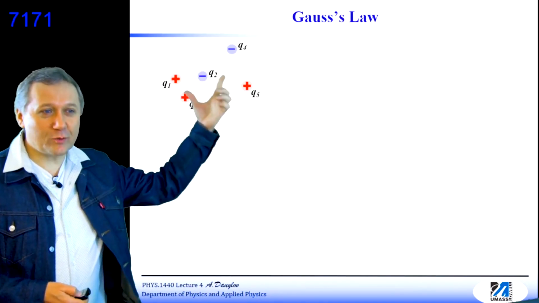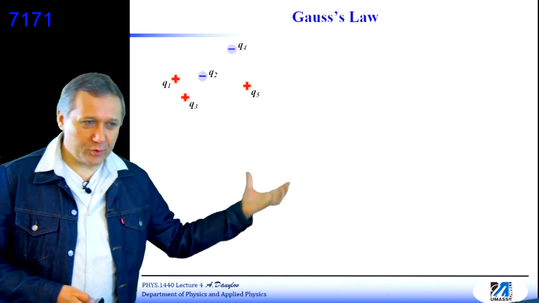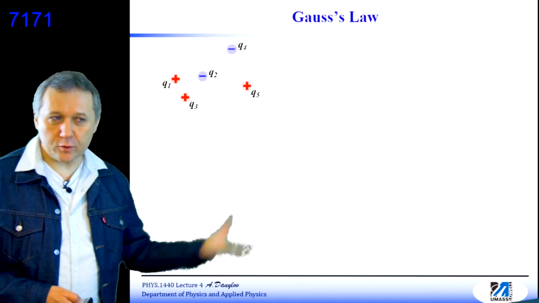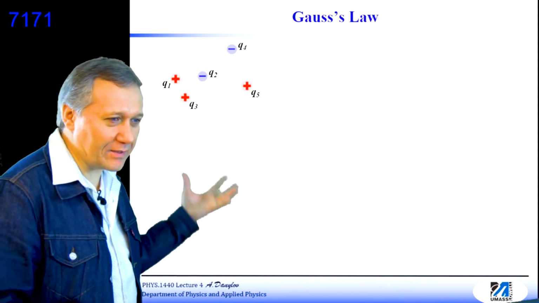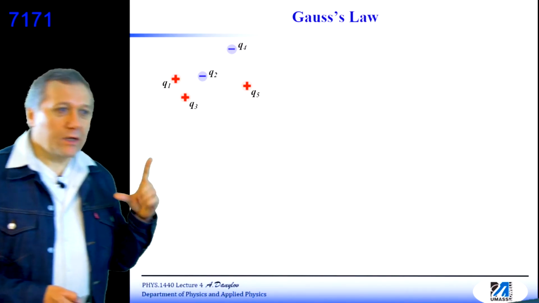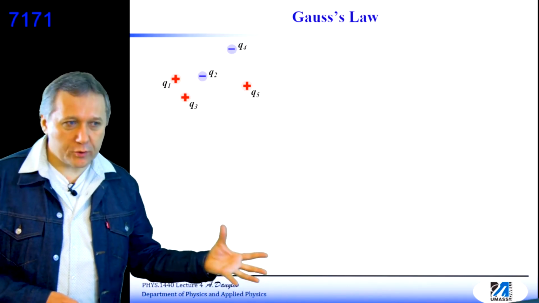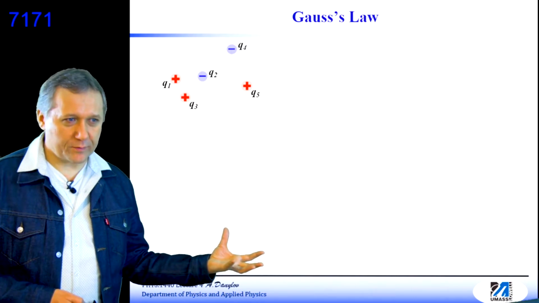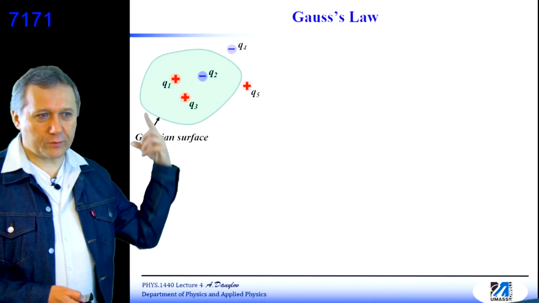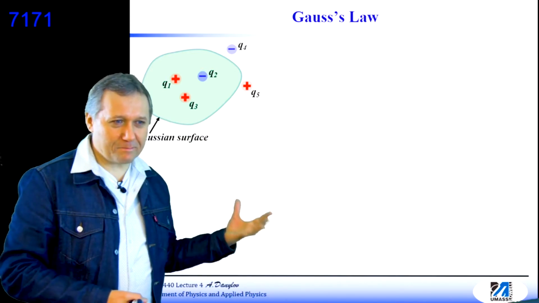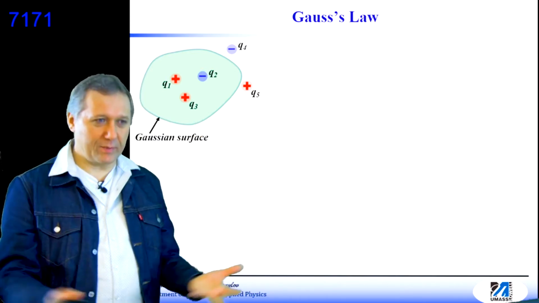So let's assume that we have some arbitrary distribution of point charges, completely arbitrary. You can make it more complicated, less complicated, it's up to you. Then let's take, for fun, a closed surface. Now you know the meaning of closed surface. Of course, it's a two-dimensional picture, looks like just a two-dimensional surface, but it's three-dimensional, right?